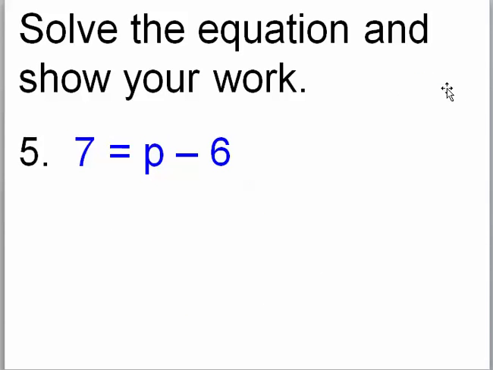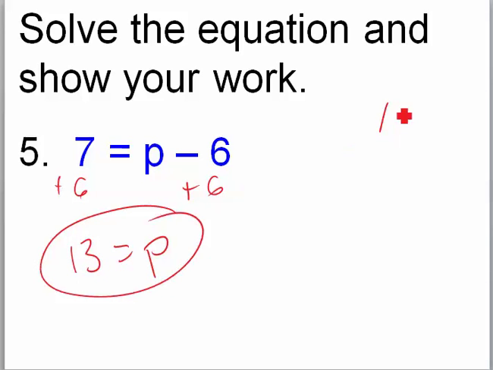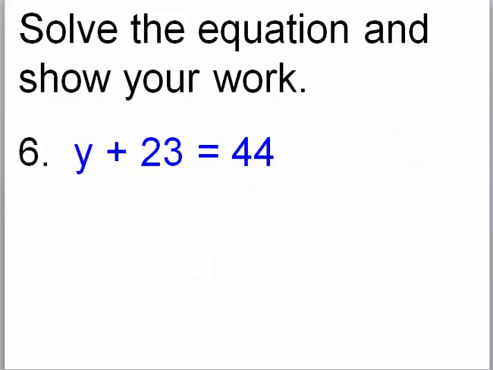Alright, a couple more here. Solve it and then let's see how you did. Alright, added 6. So p equals 13. If that's what you got, give yourself a smiley face. Right here, I'm going to subtract 23 from both sides.